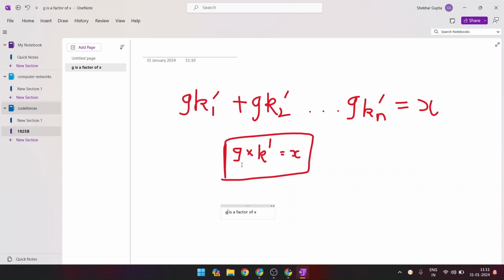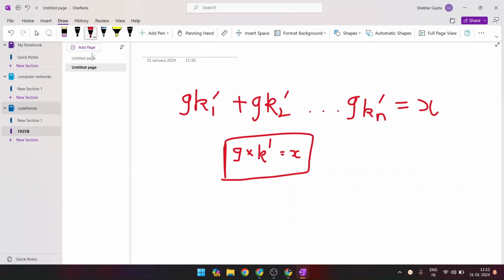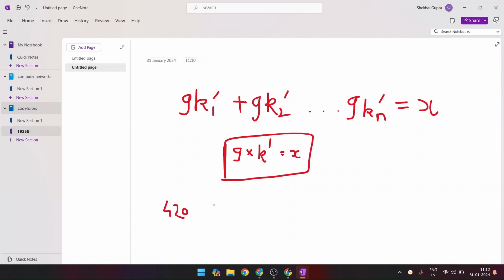So we want to maximize this g. So I will not care about this k dash. I will focus on g. I will take all the factors of x, and I will try to maximize that g, right. Now first of all, understand one thing also: at what point can I make that g maximum? Let's take an example, x equals 420 and n equals 69.